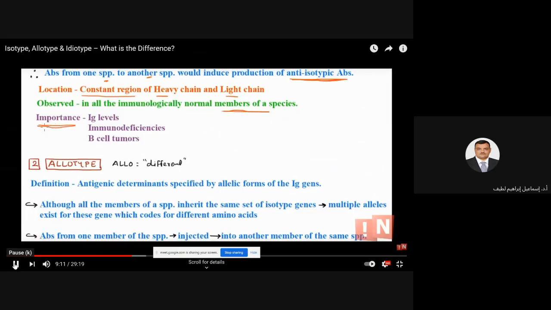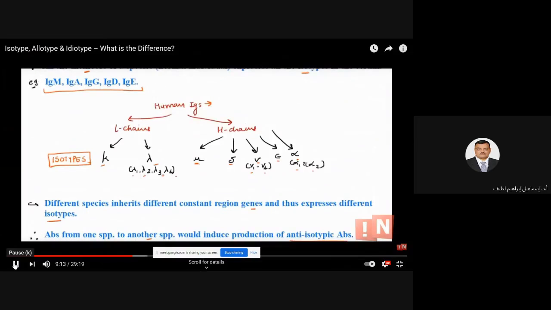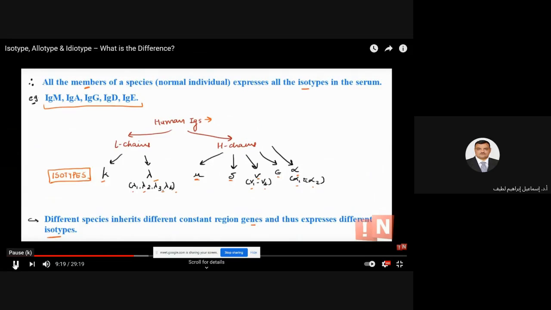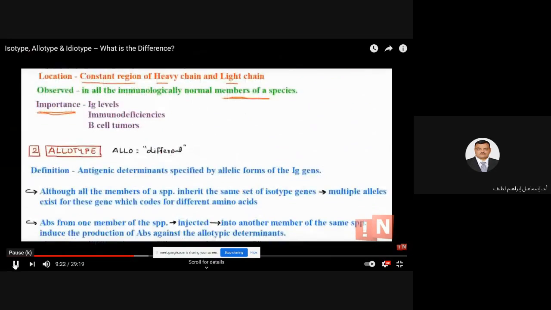Now, what is the importance of these isotypes? How does it help us? The first thing that we know is, based on these isotypes, what heavy or light chain it is, we know what antibody it is, right? So it is very important clinically to understand the immunoglobulin levels of a person. In certain cases, you want to know the level of each immunoglobulin in the patient.